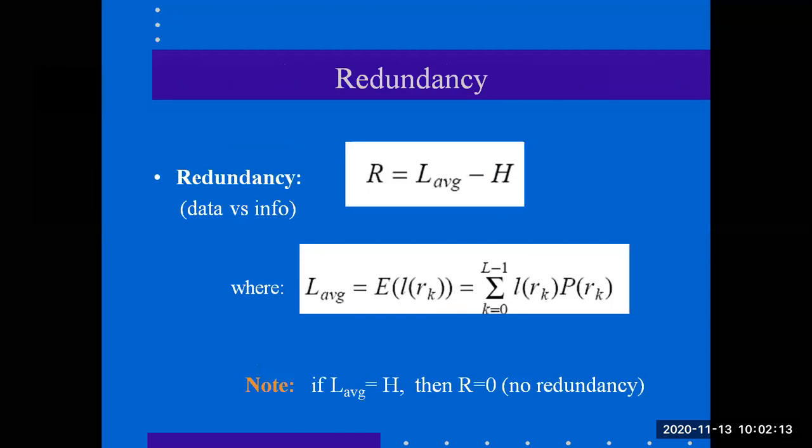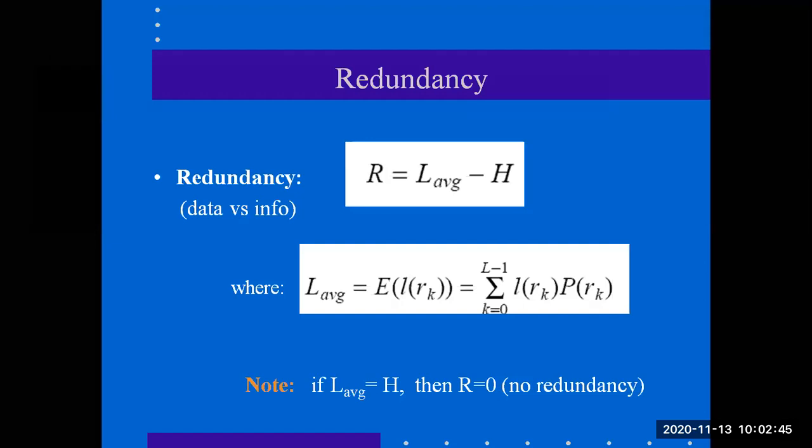Next, redundancy. So what is redundancy? Redundancy is simply L average minus entropy. It is the subtraction of entropy from L average. So if you know L average, just subtract the entropy from that L average, and you will get the redundancy. Here, if L average equals H, then redundancy is 0.